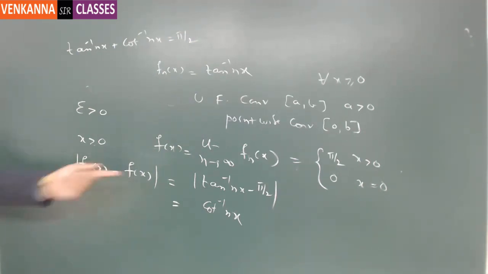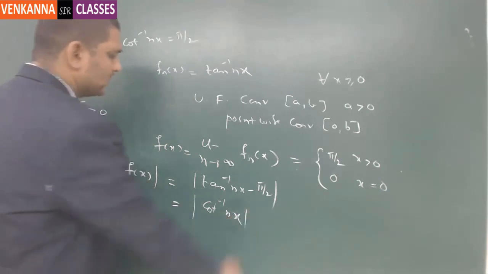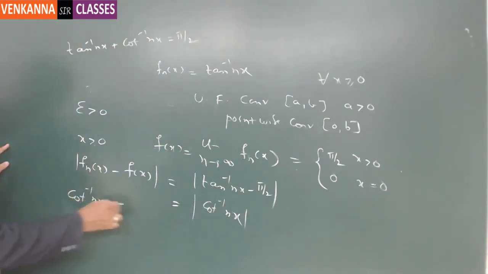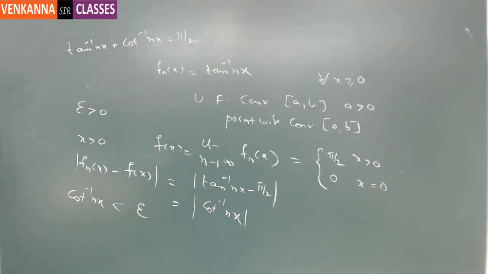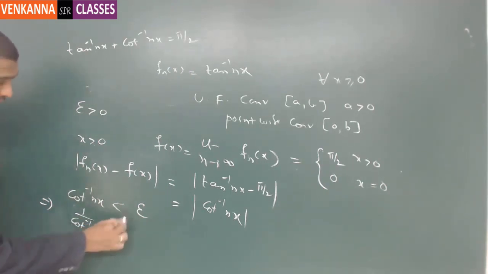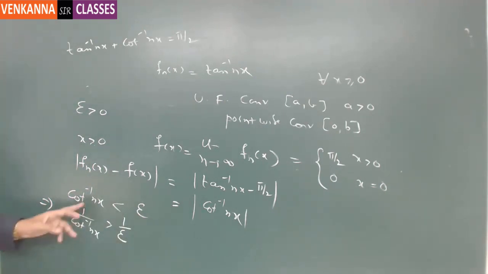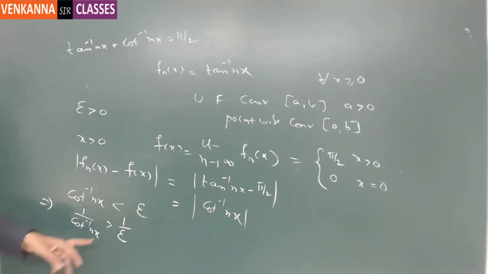Since modulus is there, I am going to write it as cot inverse nx. Any questions on this? Right. Now, if you choose that cot inverse nx is less than epsilon, from this, again you simplify and you get an expression for n. So, as and when you get an expression, it automatically becomes uniformly convergent. That's it.